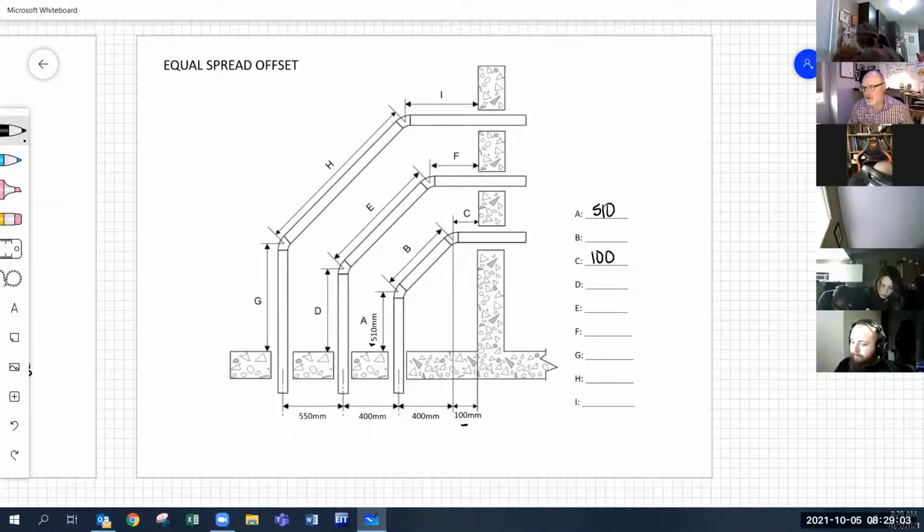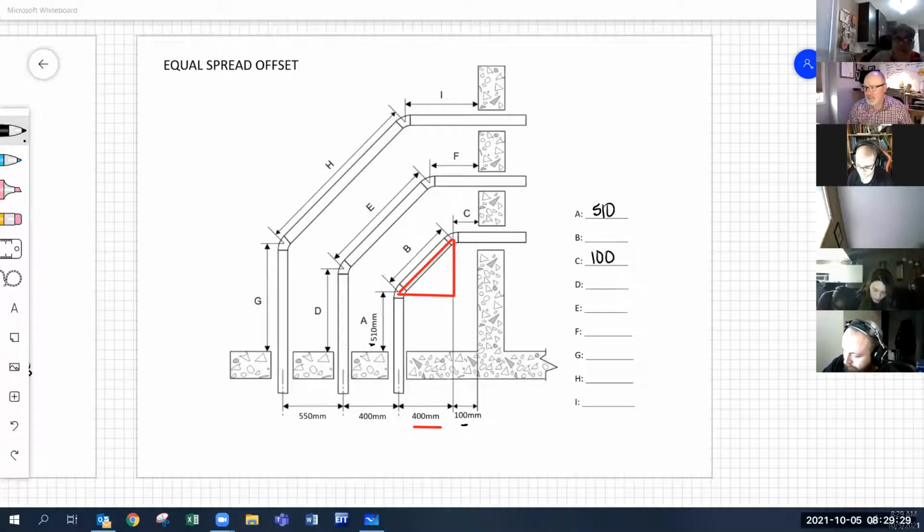Now the next step is to solve for B. So I'm going to draw a right angle triangle right in here for B. Now we have a measurement down at the bottom of 400.